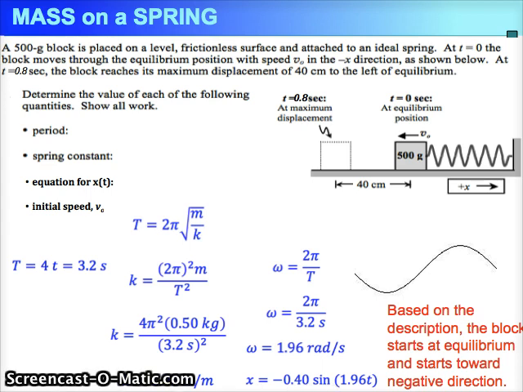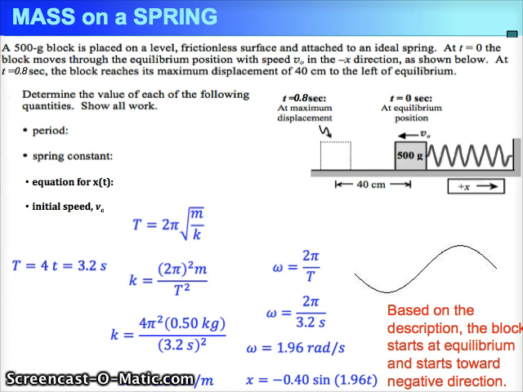Then I need to determine the other parts of the equation, the amplitude and the value of omega. The amplitude is pretty much given to me. I'm going to put it in standard units though. The maximum displacement is 40 centimeters to the left of equilibrium, so that's where the 0.4 comes from.